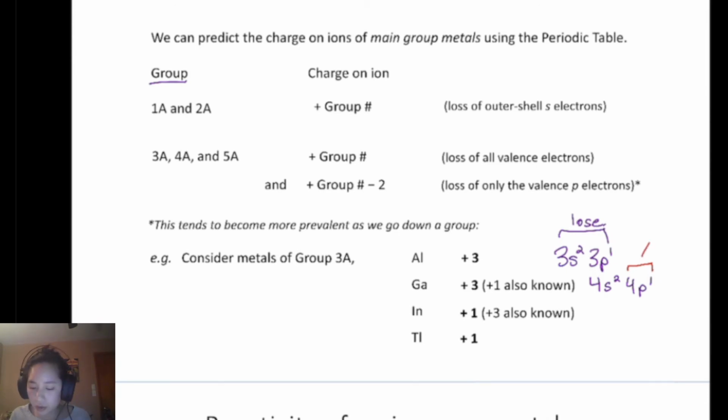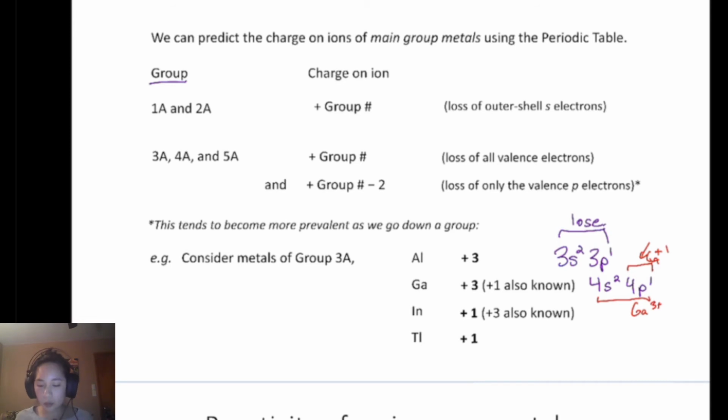So we could either lose just the 4p electron, or we can lose all three. So it is possible we can get either a +1 gallium or a +3 gallium. But for aluminum, typically when you have an aluminum compound, you lose all three. But for gallium, you can lose either one or all three.